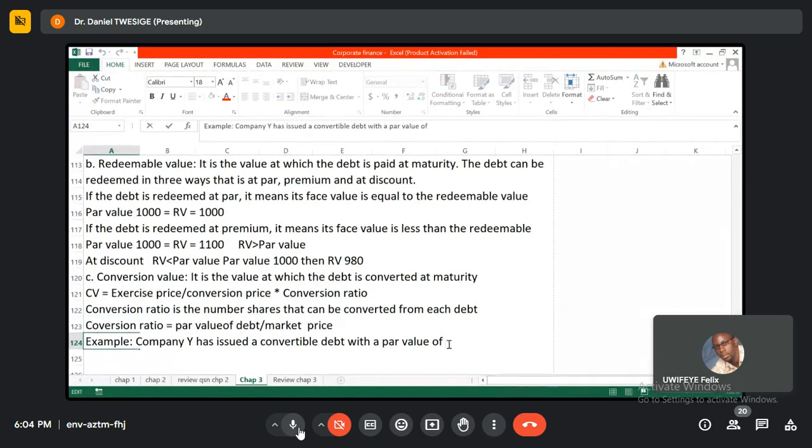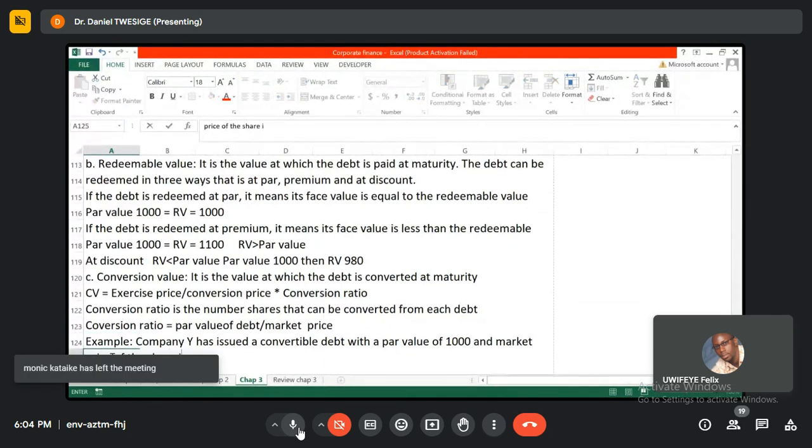With the par value of 1,000 and the market price of the share is 200, the exercise price is 150.